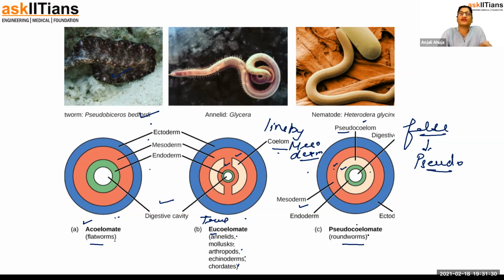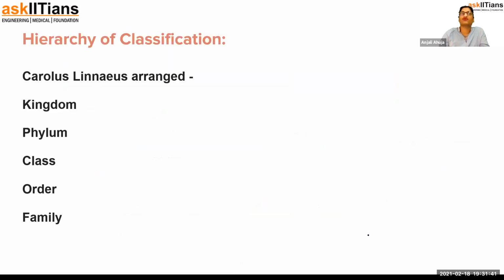So with this, we are done with all the basis of classification, and on the basis of these characteristics, we classify things. And I suppose everything is clear. So let's move forward. The next thing that we have to talk about is the hierarchy of classification. Hierarchy of classification means obviously we have to categorize all the organisms into certain categories.